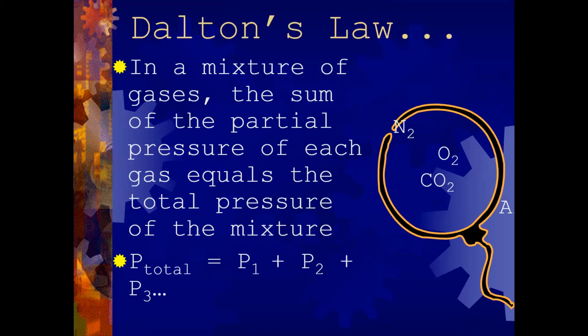Dalton's law is the first one, and it states that in a mixture of gases, the sum of the partial pressures exerted by each gas is the total pressure of the mixture. So if you have a balloon filled with air, you have nitrogen, oxygen, carbon dioxide, and other little things, but all of those pressures added together would be the pressure that the balloon is exerting.